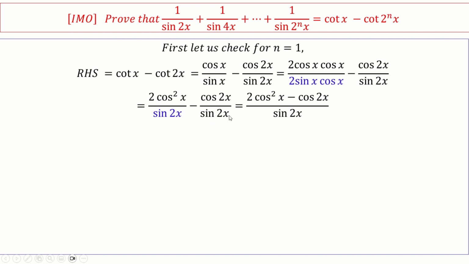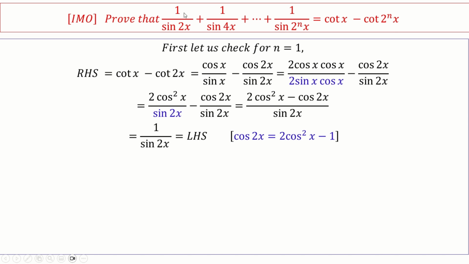Now denominators are same, so I will add like this: 2 cos square x minus cos 2x divided by sin 2x. Now, whenever you see cos square x, you have to use this formula. So 2 cos square x is cos 2x plus 1. If I put that, cos 2x minus cos 2x gets cancelled and 1 will remain. So 1 by sin 2x.